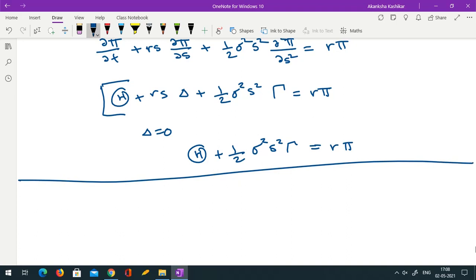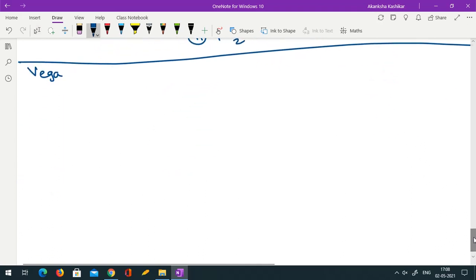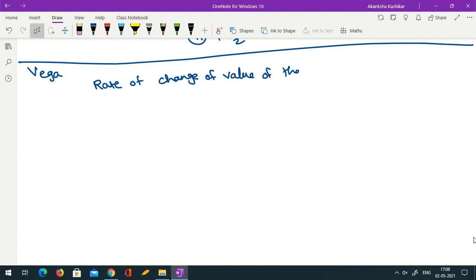Now we have to worry about the next Greek letter, that is vega. So what is vega? Vega is the rate of change of value of the portfolio with respect to the volatility of the underlying asset.